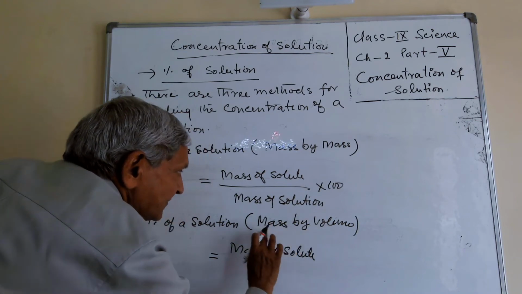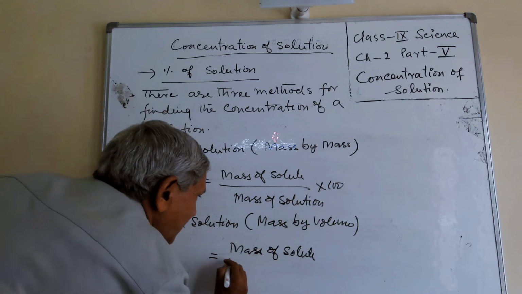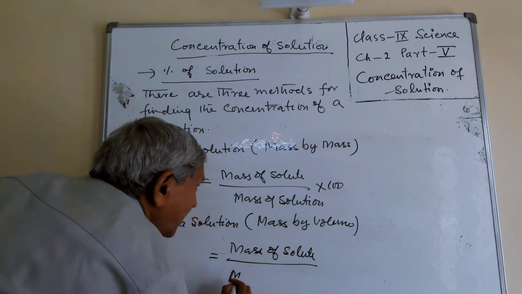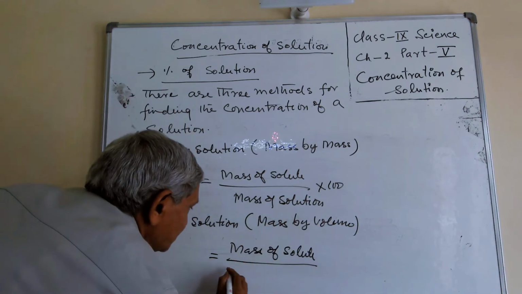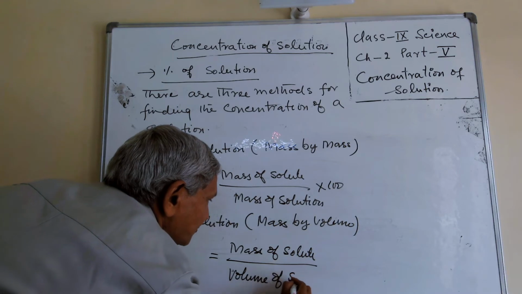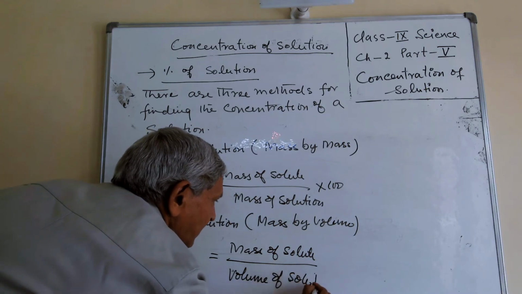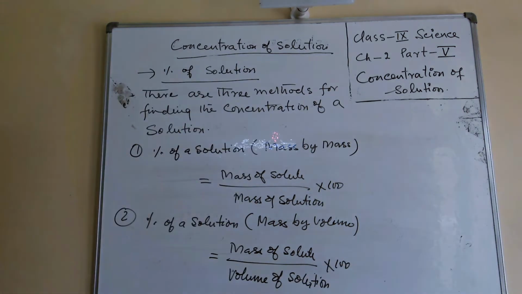Here first mass, second volume. Mass of solute upon volume of solution into 100. This is the second method.